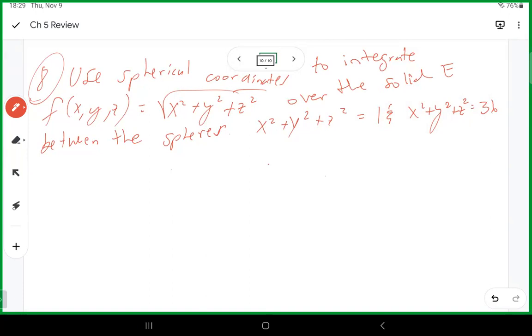Okay, so converting rectangular coordinates to spherical coordinates to obtain E in spherical coordinates. The two concentric spheres have a radius of 1 and a radius of 6. Then we would have rho between 1 and 6. In spherical coordinates, theta is unrestricted, so the region would be 0 to 2 pi.